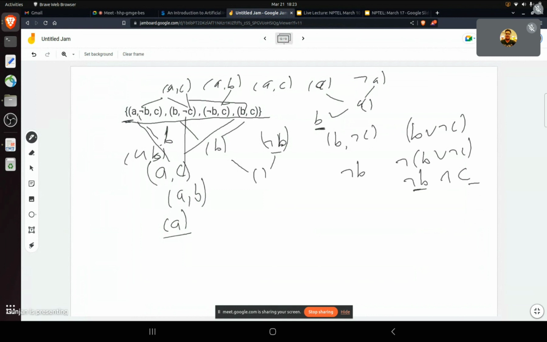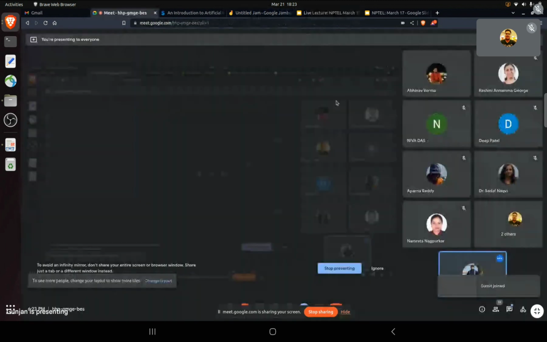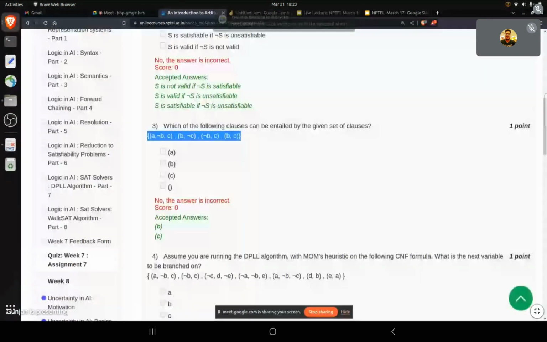This is not the same as not B comma C. Are you guys following this part? Yes. So that's why you cannot just refute these two together and give A. This will be incorrect.